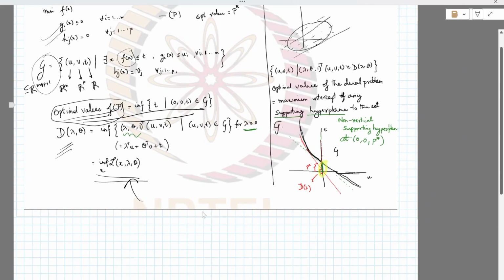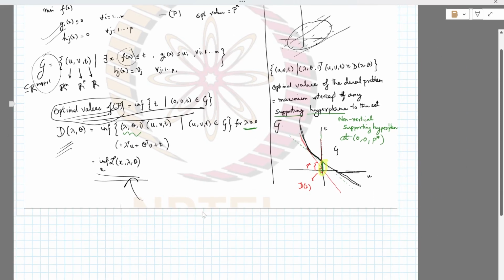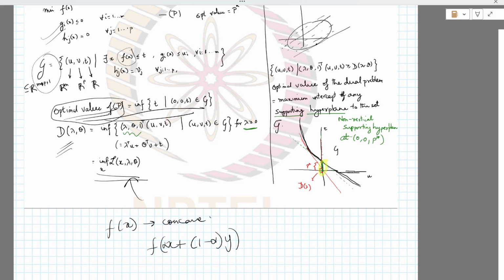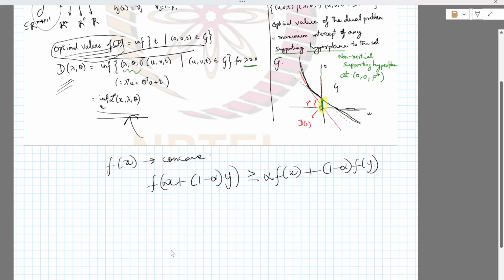For a function to be concave, f(alpha x plus (1 minus alpha) y) should be greater than or equal to alpha f(x) plus (1 minus alpha) f(y).